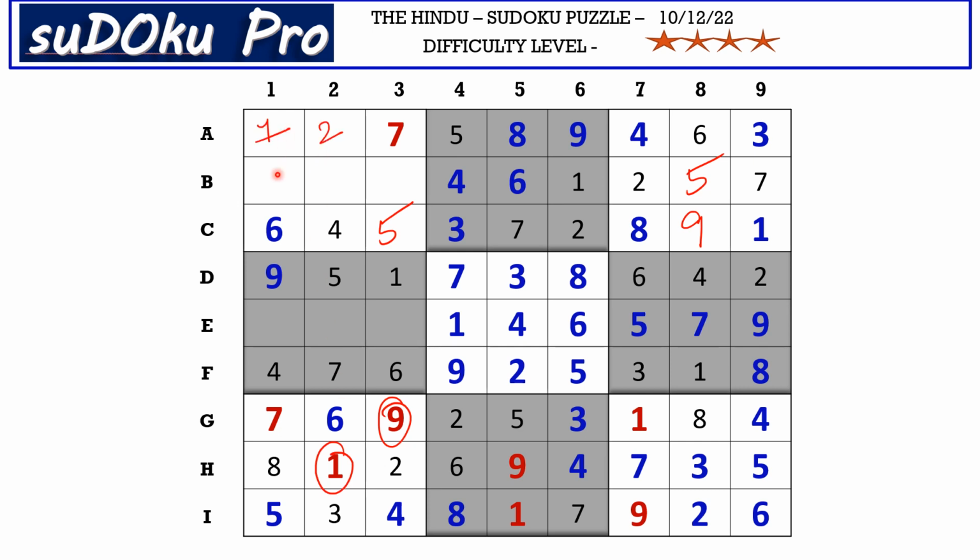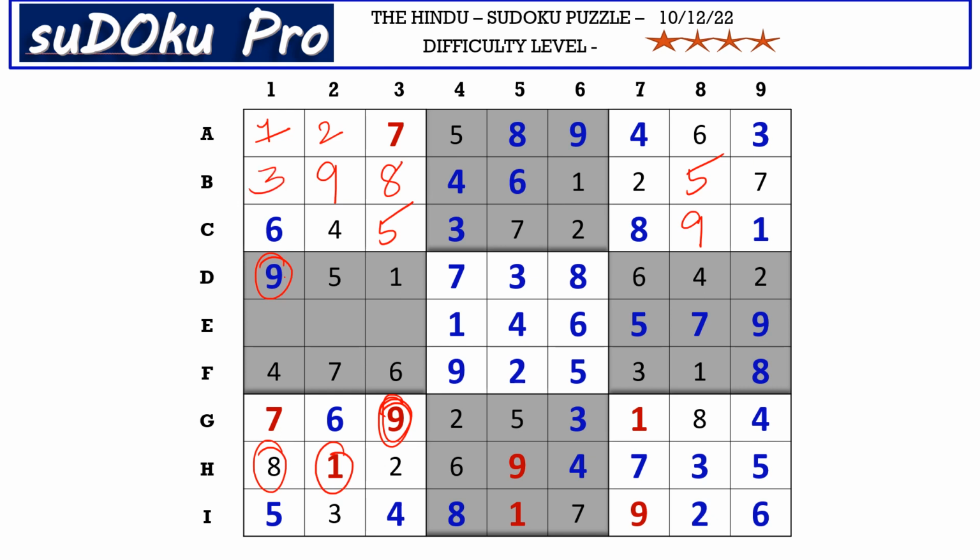Here we miss 3, 8 and 9. We have 9 in column 1 and 9 in column 3 blocking these two cells. So B2 takes 9. There is a 8 in column 1 blocking here. So B3 takes 8 and B1 takes 3.